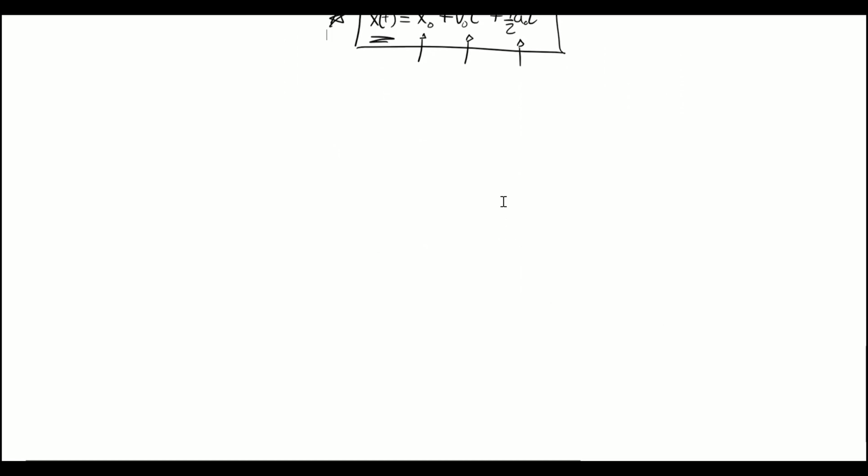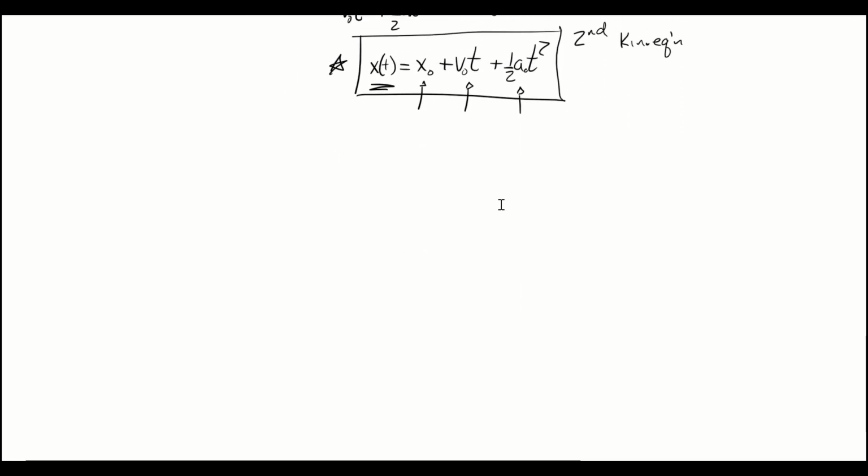So I'll leave this one here and write the first kinematic equation: velocity was equal to the initial velocity plus the acceleration times time. This is my other one. I can rearrange this and solve for time, which gives me time is equal to velocity minus initial velocity over acceleration. I can then take this time and substitute it into that equation, so I no longer have the time variable in there.